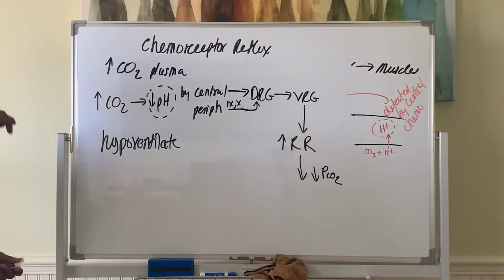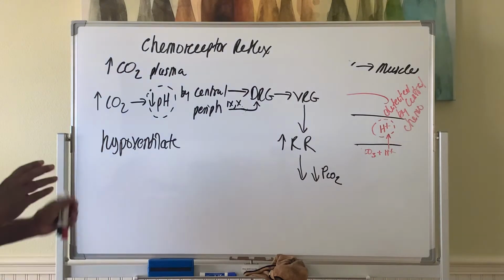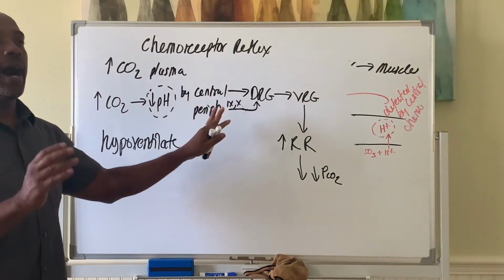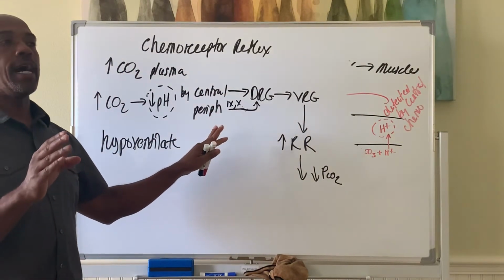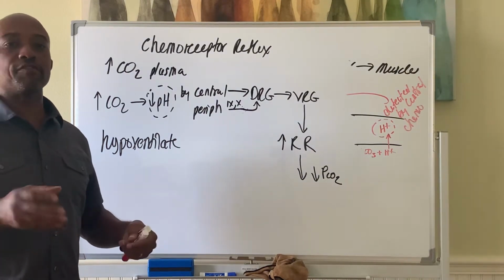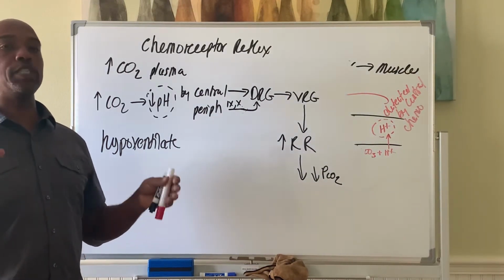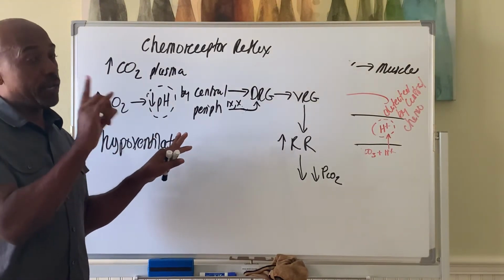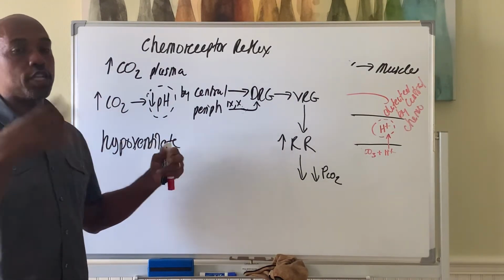When you hyperventilate, that's not really controlled here, because hyperventilation is really a thing done voluntarily. You can breathe fast. After a while, you stop it, because it's not being done naturally. Well, it can be done, but it's typically done voluntarily.